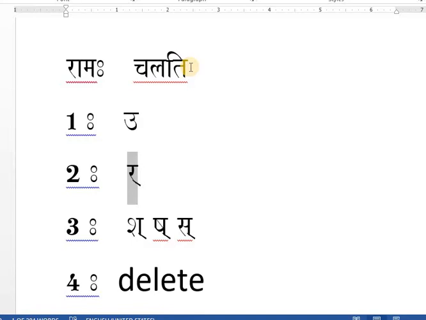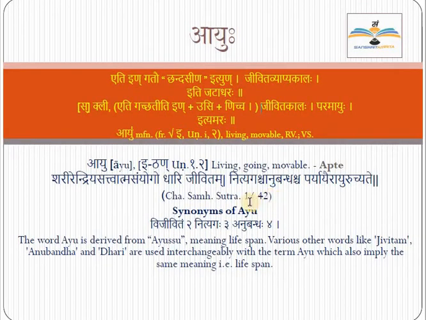So if I say Ramaha and Chalati, in this case the visarga will be converted to palatal sa. Then you can join the next word. Ramaha Chalati becomes Ramas Chalati. Similarly, here if you see Nityagaschanubandhascha, this sa is a palatal sa only.